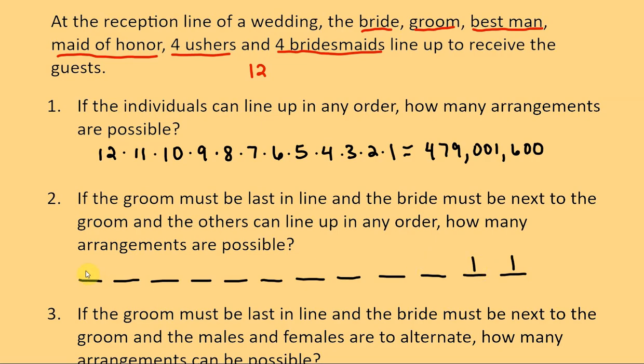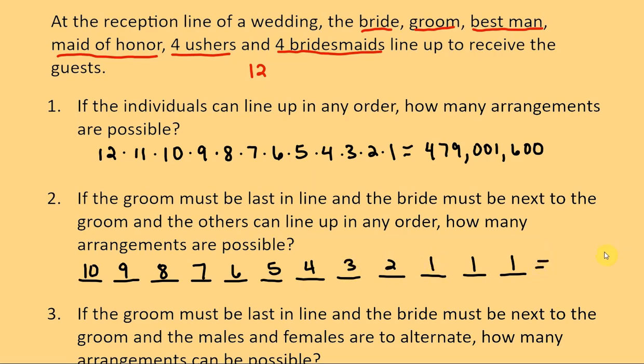So in this first position here, there's 10 possible choices that could be there. And of course, again, we're talking about people, they can't be in two places at once, so there's only 9 left that could be in this position, and we'll go down from there: 8, 7, 6, 5, 4, 3, 2, and 1.